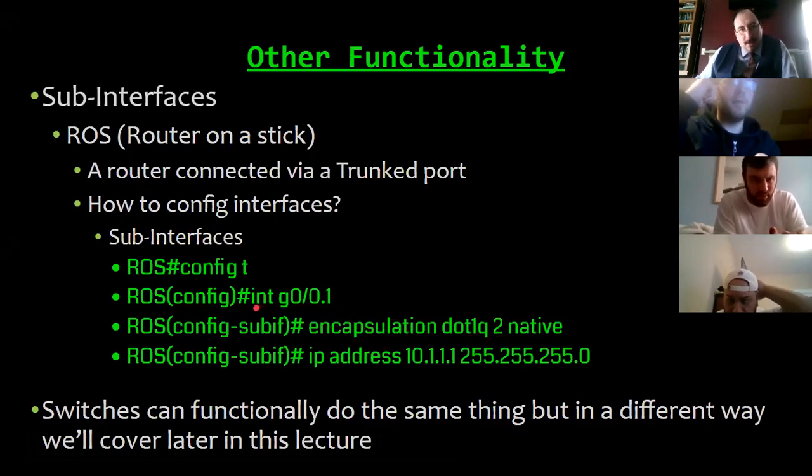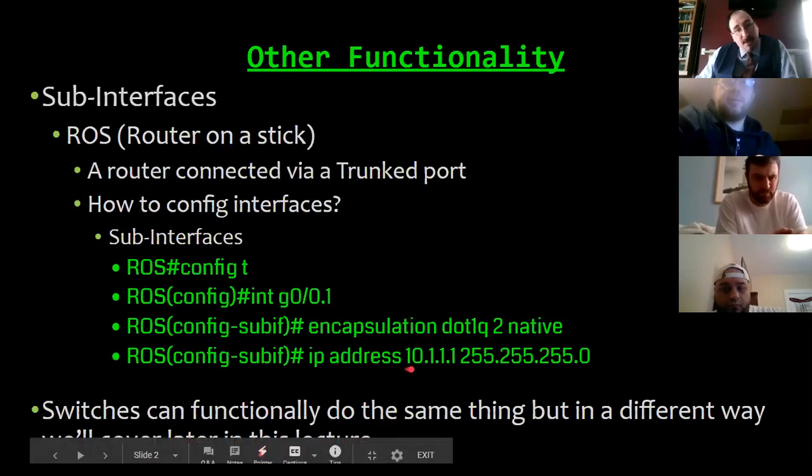So it's a confusing situation because we're not lining up our numbers. In this case, and I don't know why I did it this way, maybe to confuse you to help you understand the concept, interface gigabit 0/0.1 will be the default gateway for VLAN 2 in this scenario.